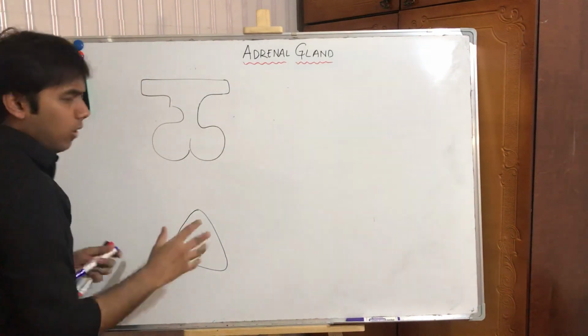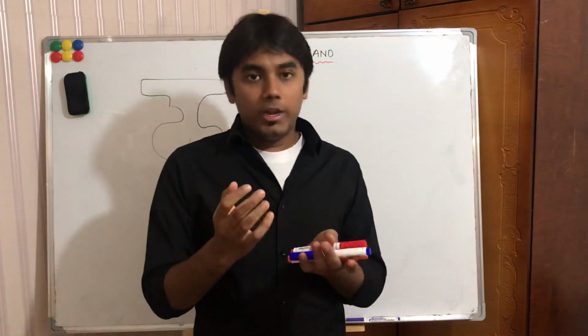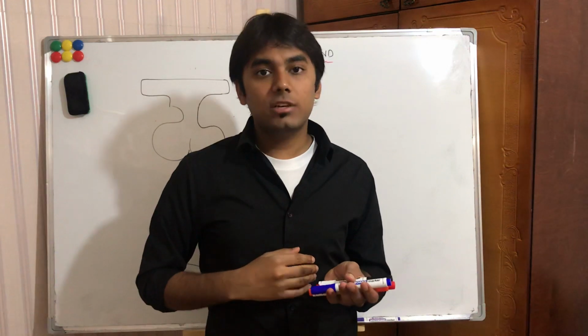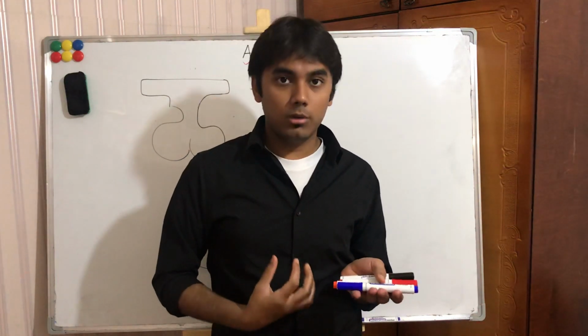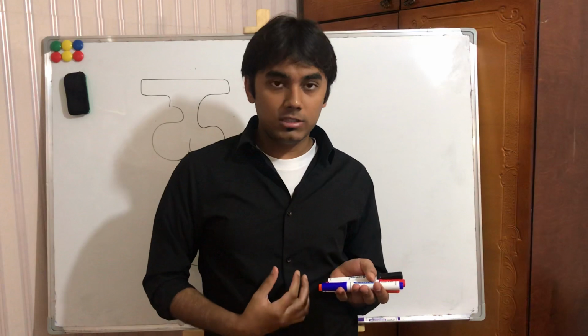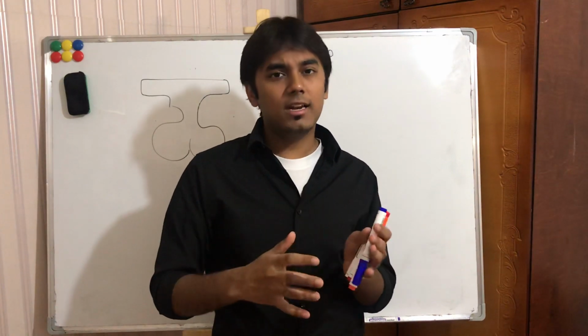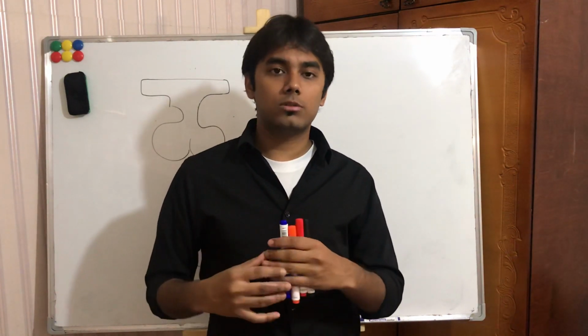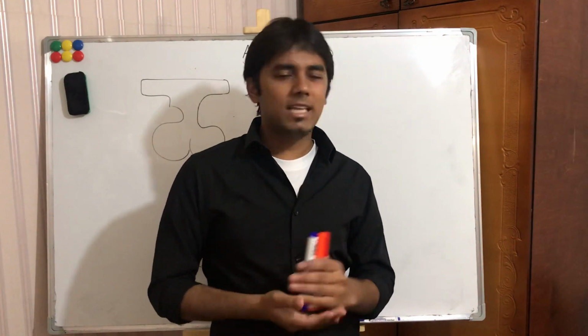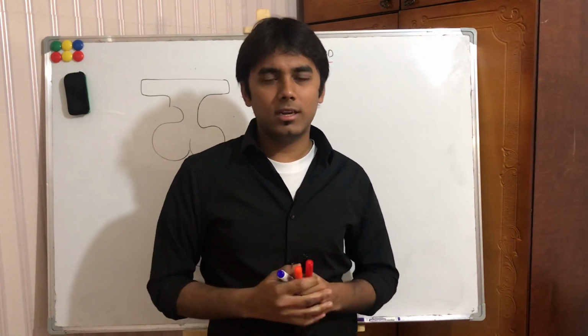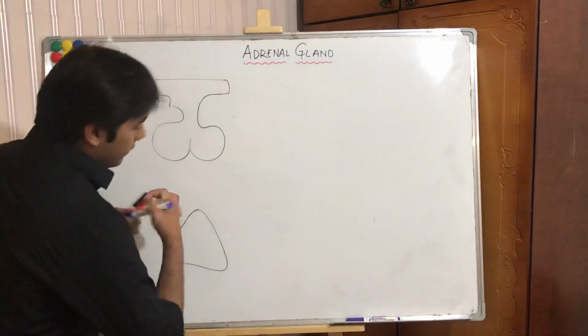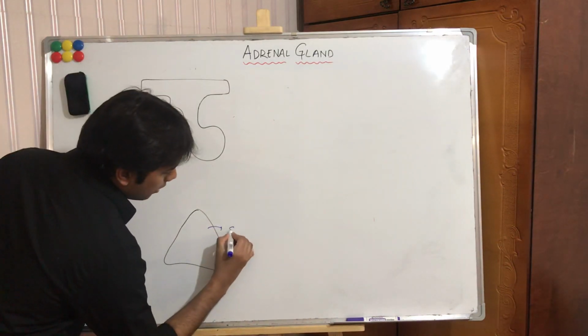Look, normally what happens when there are insufficient levels of cortisol in my blood? For example, if the adrenal gland is not able to release enough cortisol, or the adrenal gland is silent for some time and is not at all releasing cortisol. So what will happen?